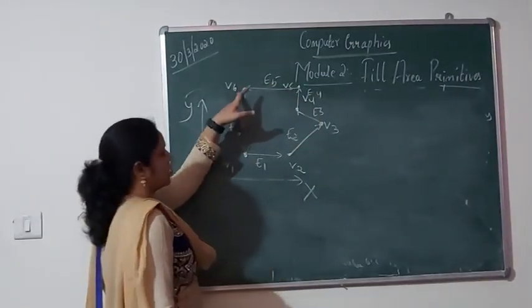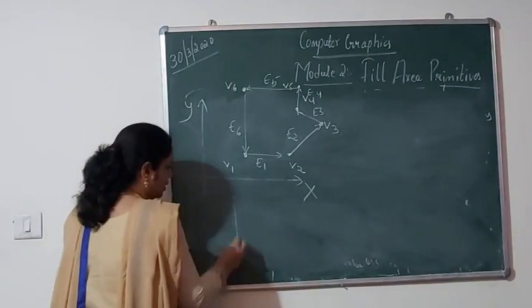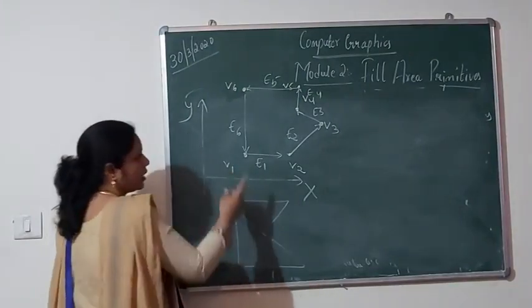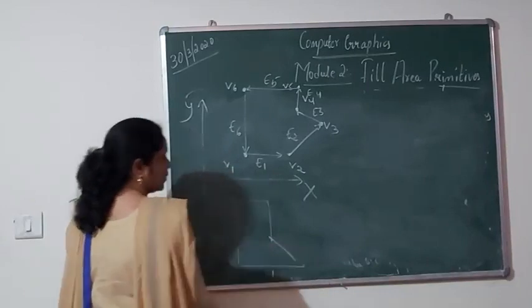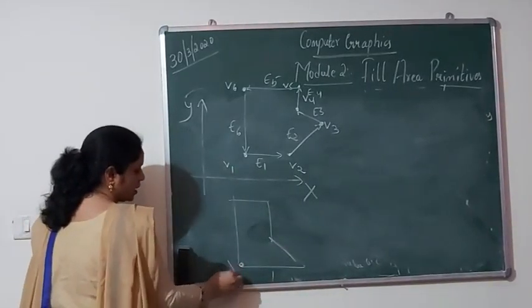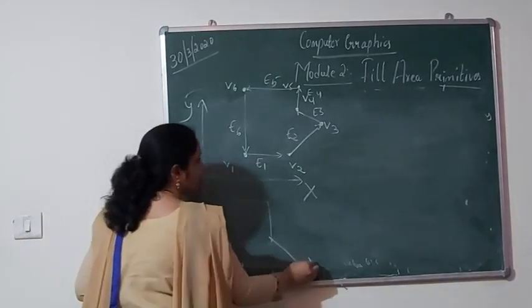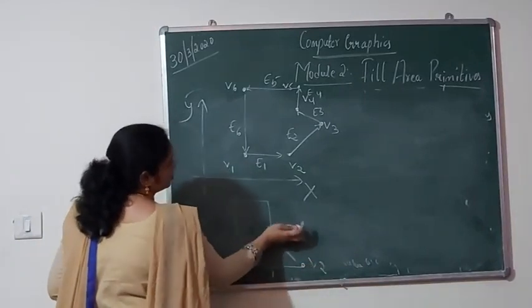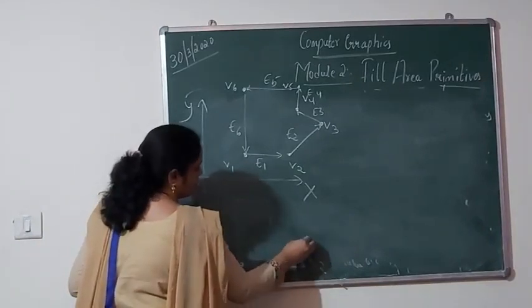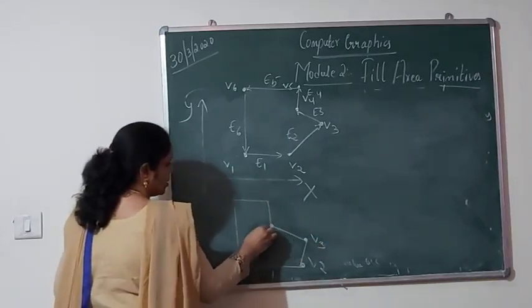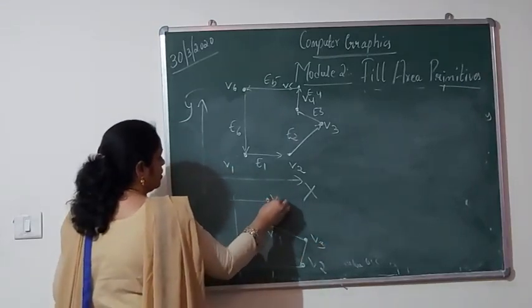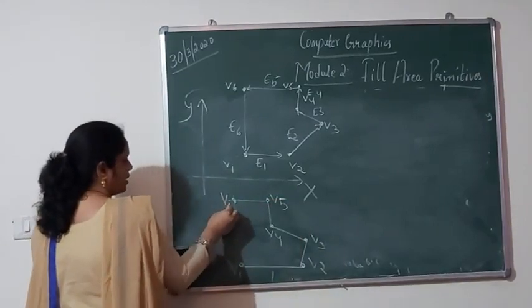As you can see, this is the shape of my polygon, which I have drawn here. It has 6 vertices: vertex 1, vertex 2, then vertex 3, vertex 4, then vertex 5 followed by vertex 6.